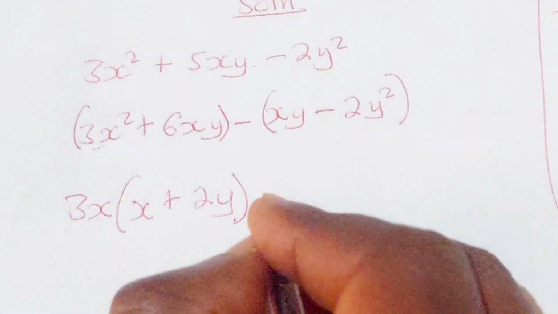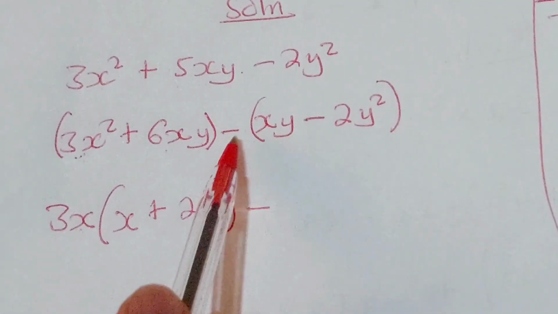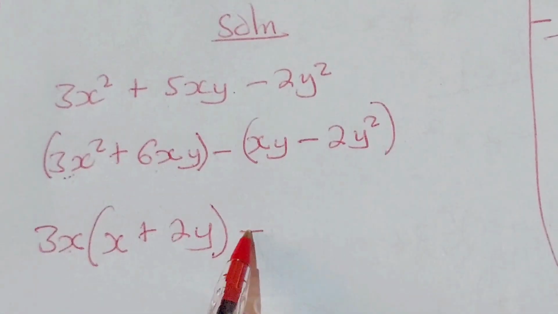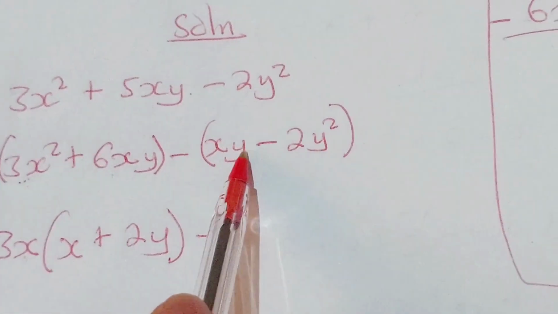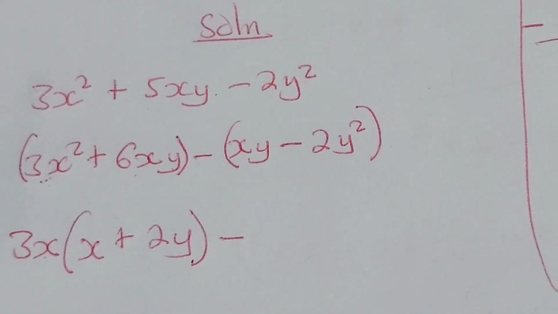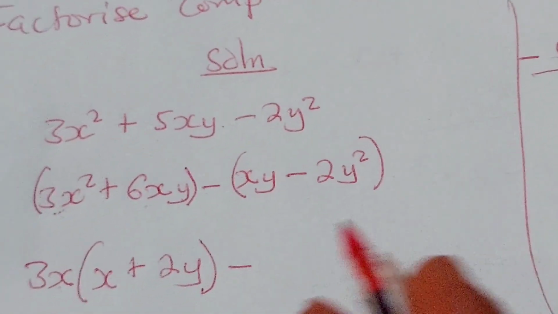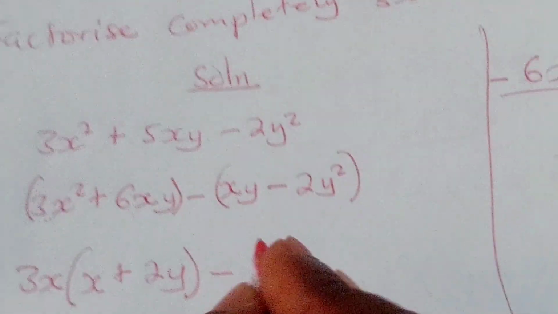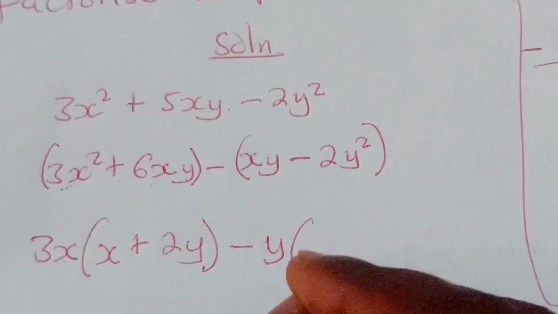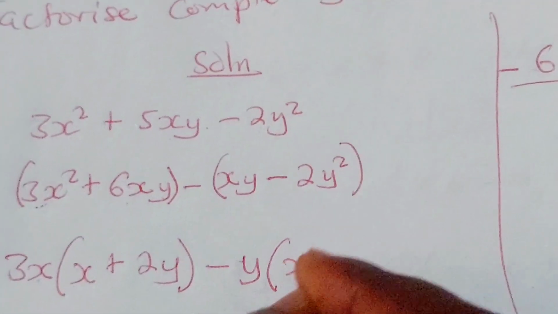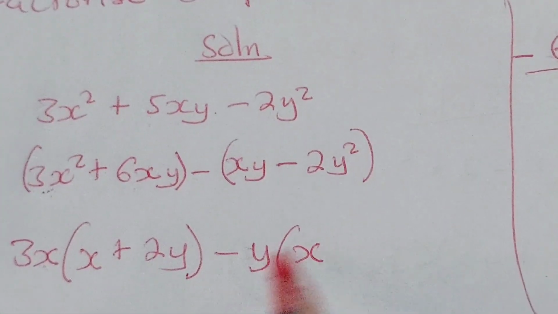Then you come to this side and continue with your negative sign here. Then you also check what is common inside here. You'll notice that y is common to both parts. So you put y outside and open the bracket. Then you say x, which is not common.